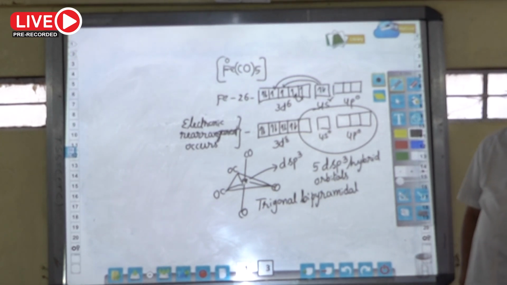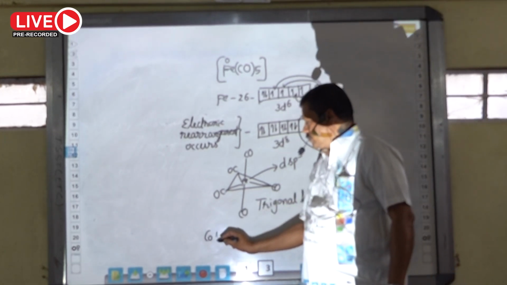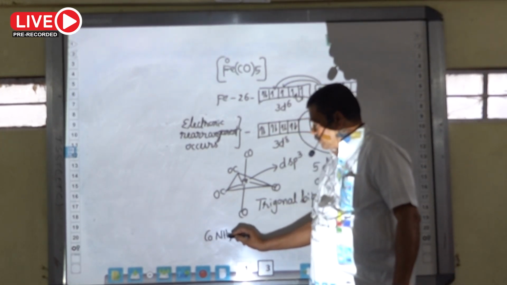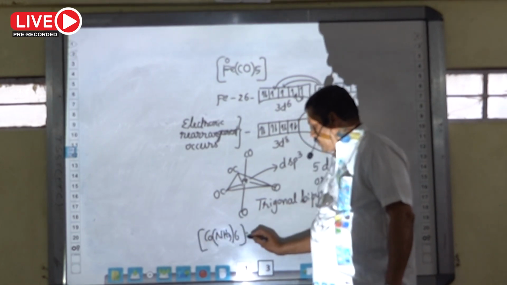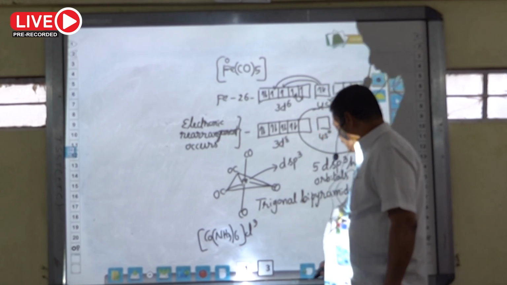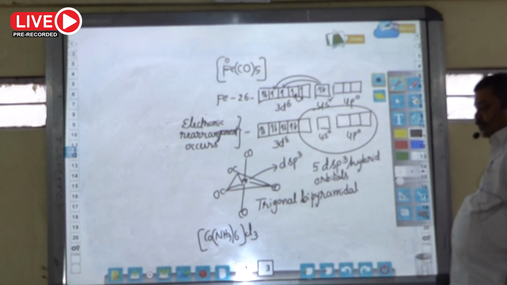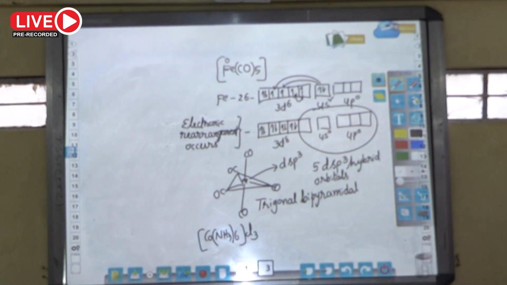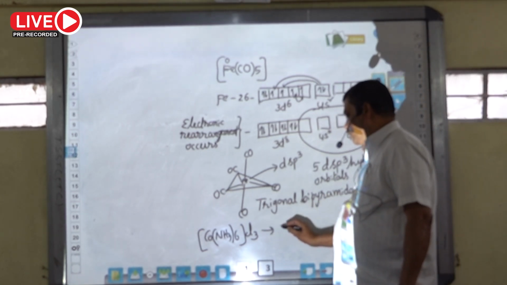Example 3, [Co(NH3)6]Cl3. Here Co is in which oxidation state?